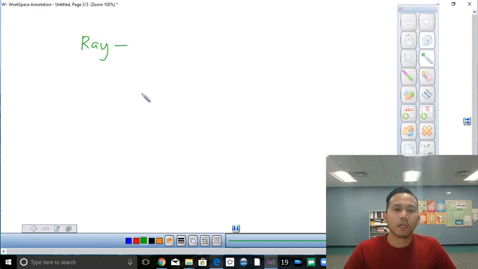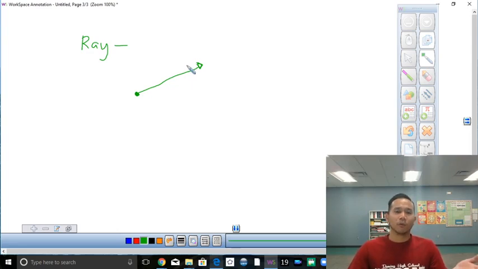So let us say I have here a starting point of the ray, and then I'm going to extend it forever. The arrow here signifies that you can extend this ray forever. It's just like lines. The only difference is that your ray has one endpoint.